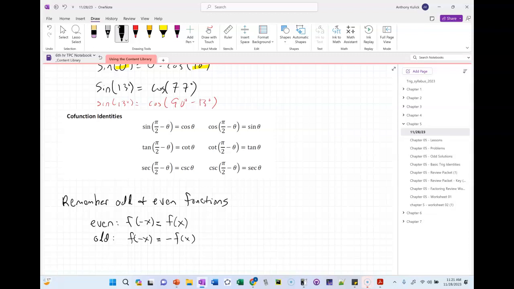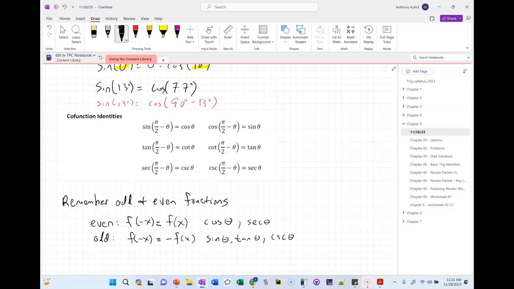Now, if you remember back in chapter 3, when we did the graphing for sine, cosine, and tangent, we said that cosine was an even function, and sine and tangent were odd functions. If cosine is even, its reciprocal function should also be even.